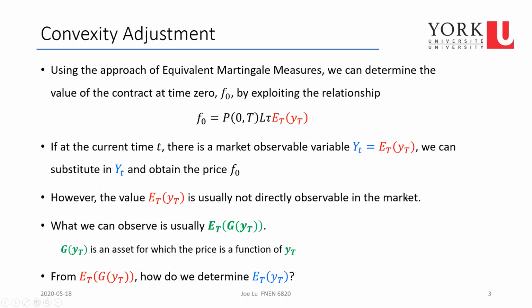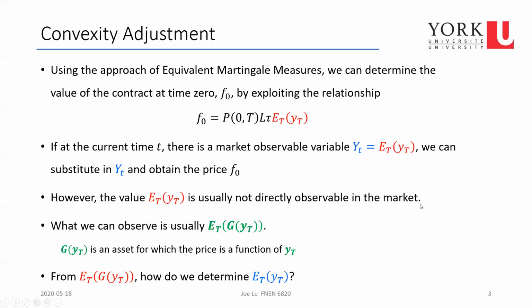Now, however, typically in the market, you don't have any observable variable that is equal to this expectation, i.e., the expectation of the realized yield at maturity under the measure that is using this zero coupon bond as the numeraire. Now, you don't have that.